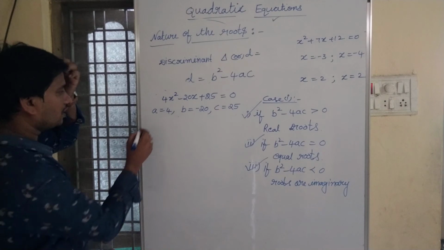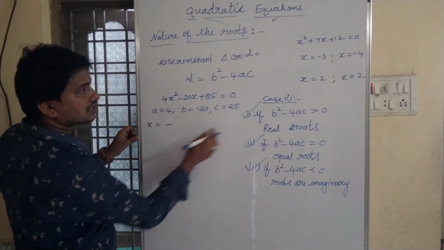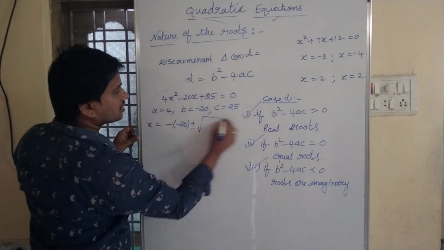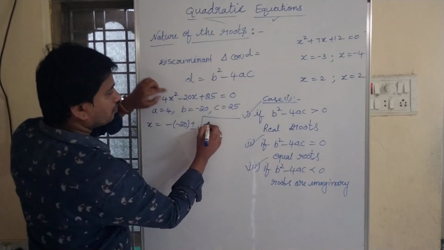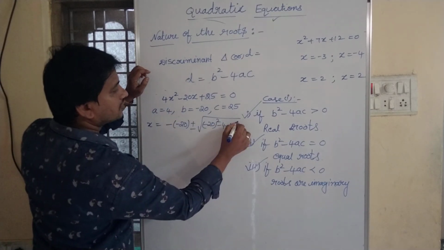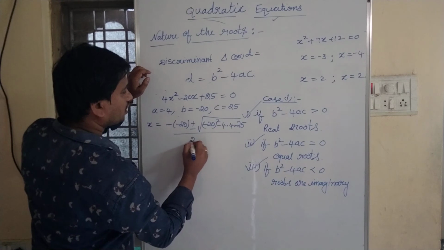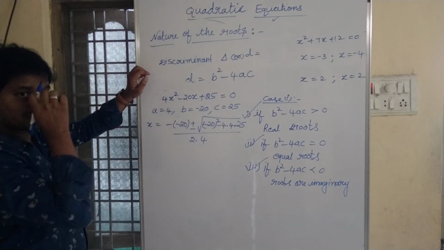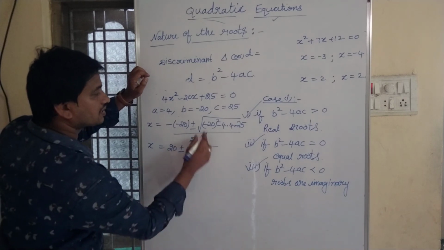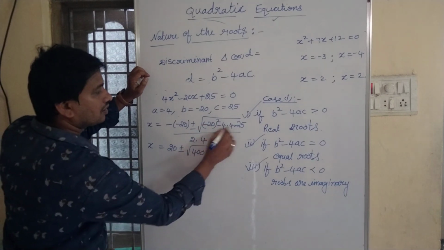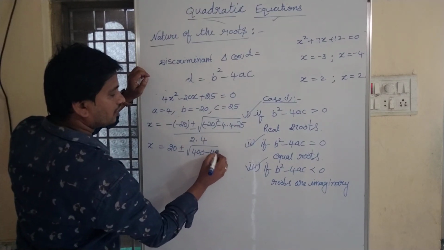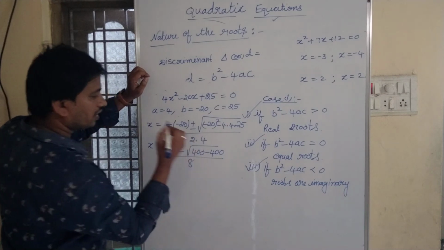So by using the formula, x is equal to minus b, I mean minus of minus 20 plus or minus square root of b square minus 4, a value 4, c value 25, by 2 into a value 4. So x is equal to minus into minus plus 20 plus or minus square root of 400 minus 4 fours are 16, 16 twenty-fives are 400, by 2 fours are 8.